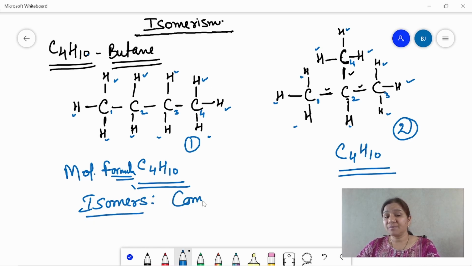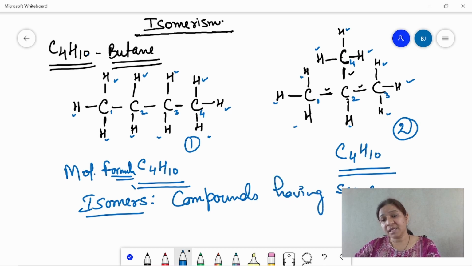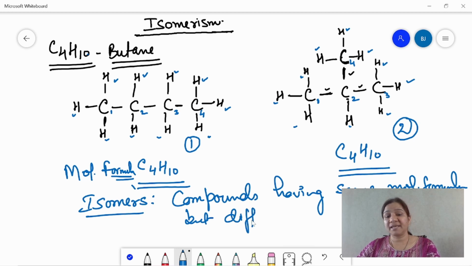Organic compounds having the same molecular formula but different structural formula are called isomers, and this phenomenon is known as isomerism. What do you call this phenomenon? This phenomenon is known as isomerism. Okay, so this is about your isomers.